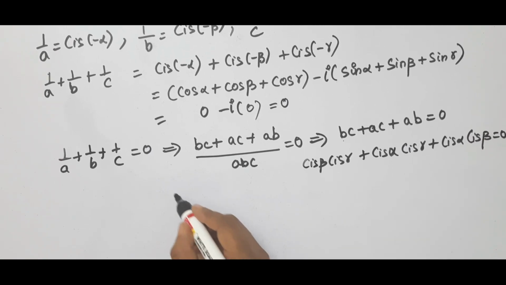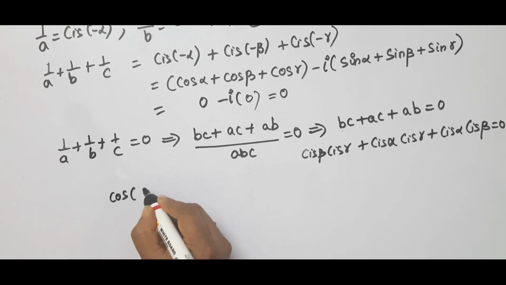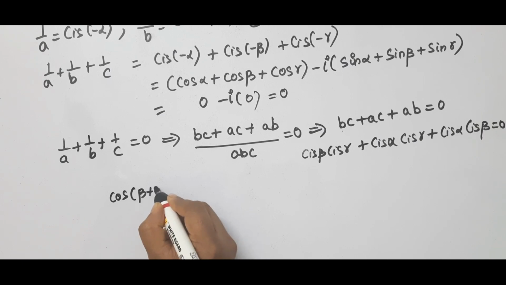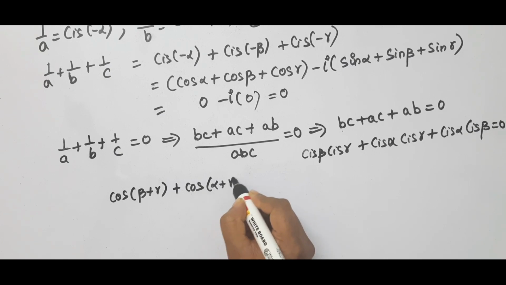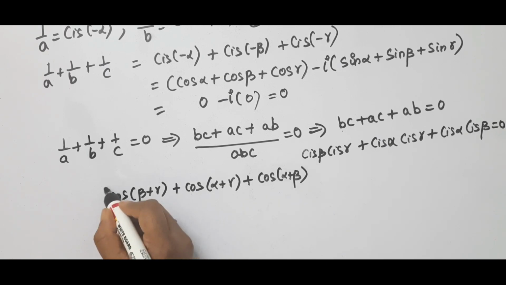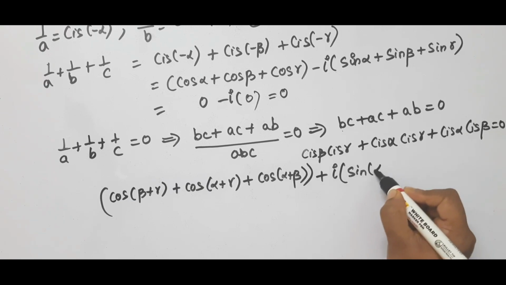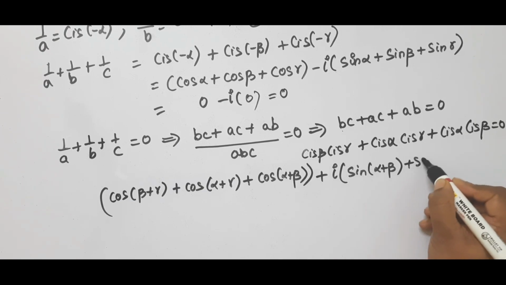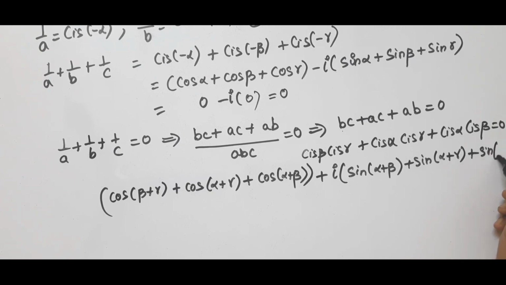So finally we got cos of beta plus gamma plus cos of alpha plus gamma plus cos of alpha plus beta, whole, plus I into sin of alpha plus beta plus sin of alpha plus gamma plus sin of beta plus gamma equal to 0.